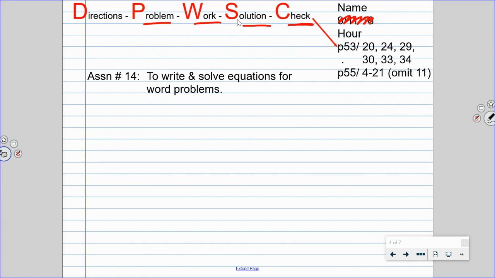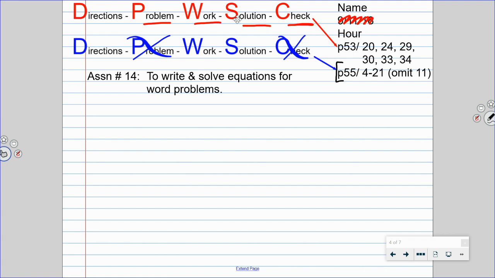What's interesting with page 55, folks, is they're big old story problems. So when you write the problem, you're not going to write all the sentences, but you might write something like this, and then go into your work and go into your solution. But on page 55 only, you will not be asked to check it. More on that later, I'll repeat myself later.